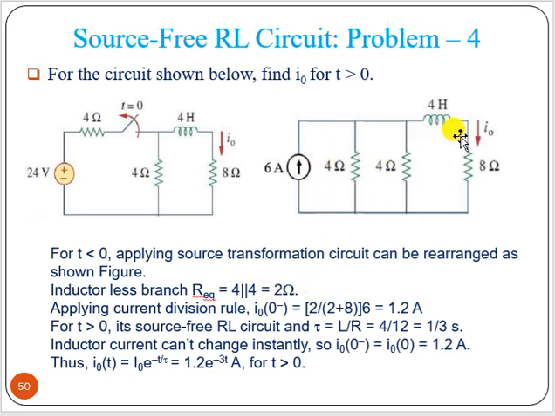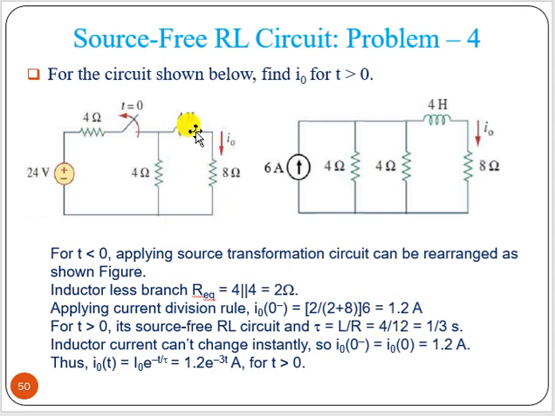Then the current flowing is the 6 ampere, and this inductor is short circuited, so the current flowing is the 6 ampere times the other branch resistance, 2, divided by the total branch resistance, 2 plus 8. This is short circuited, so we got the value of I0 minus. So you can find out tau is L by R. When this is open circuited, total R is in series, so it is 12.